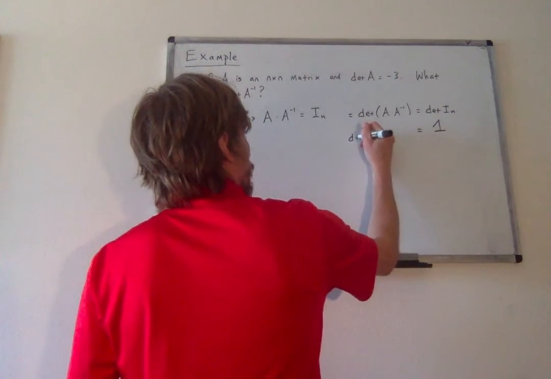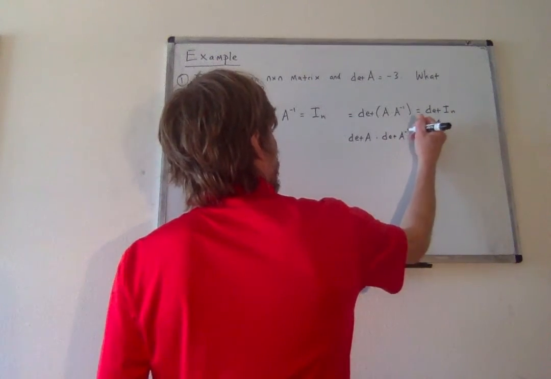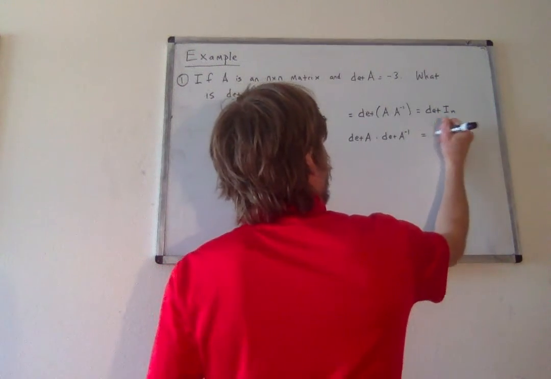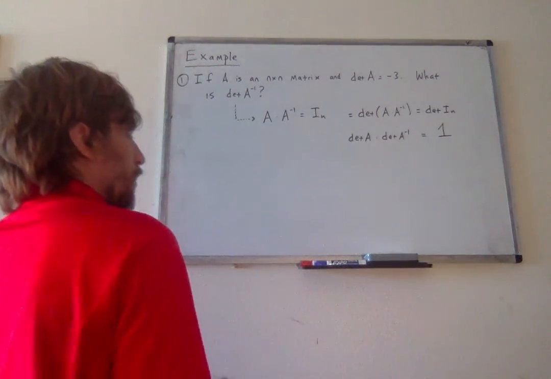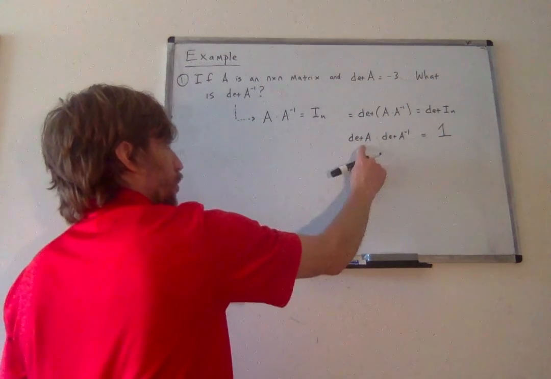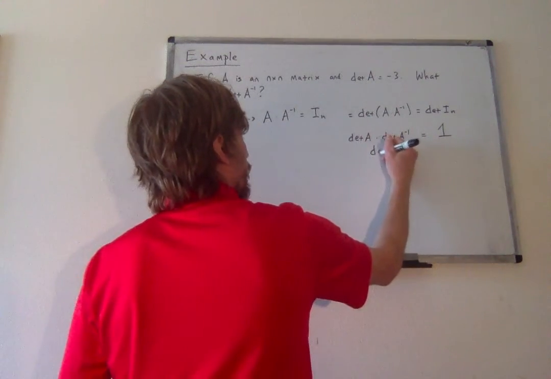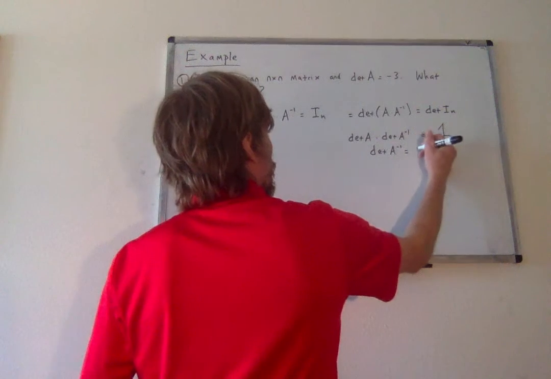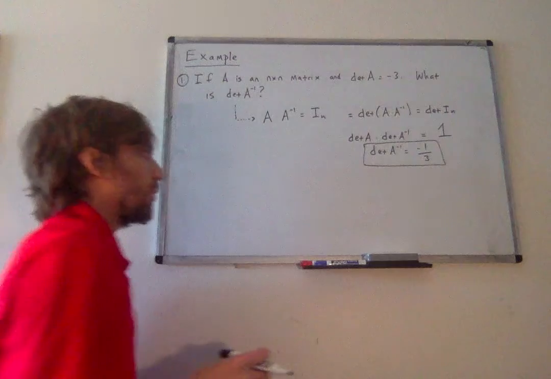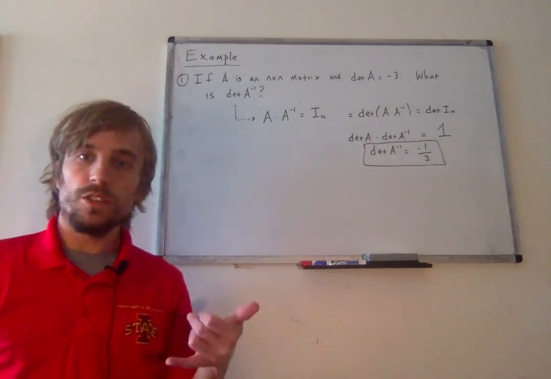But we just learned that determinants can split up across multiplication. We know the determinant of A is equal to -3. So the determinant of A times the determinant of A inverse equals 1, which means the determinant of A inverse is equal to -1/3. And this is actually true in general: if A has a non-zero determinant, the determinant of A inverse is just its reciprocal.